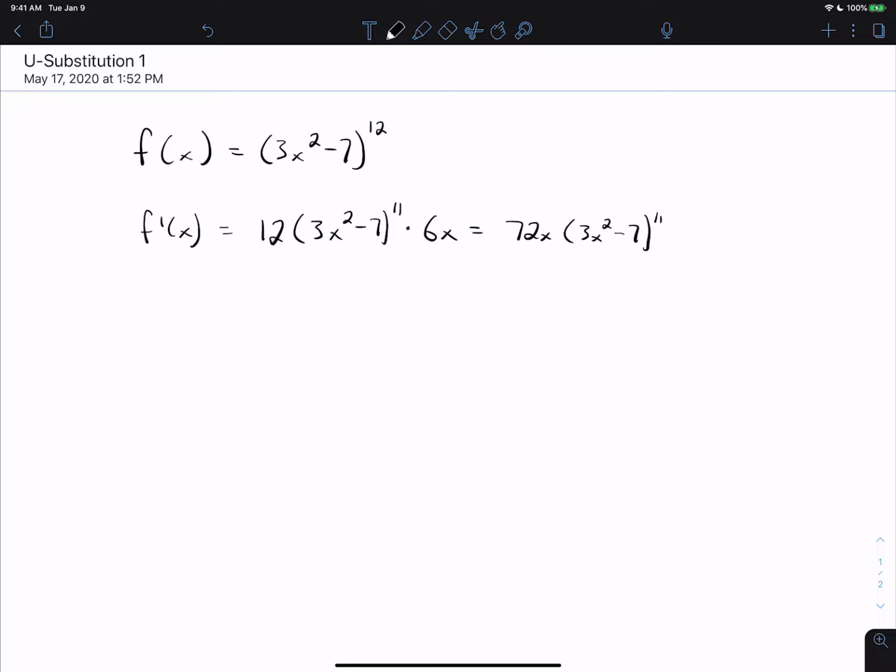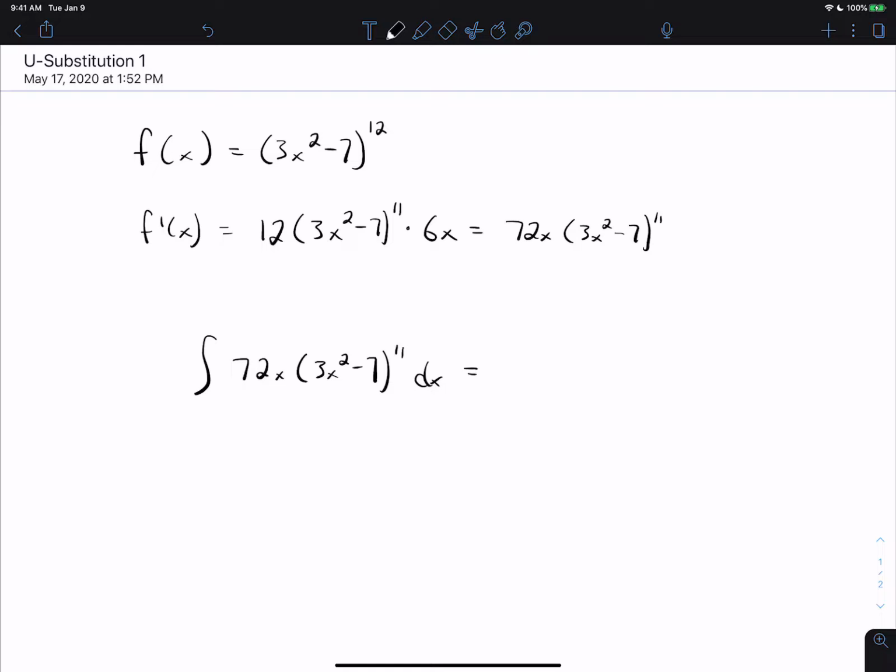Okay, so what we've been working on is finding antiderivatives. And what we want to start doing is looking at problems like this. So if I had the antiderivative of 72x times 3x squared minus 7 to the 11th dx, we're trying to find a function whose derivative ends up being 72x times 3x squared minus 7 to the 11th power.